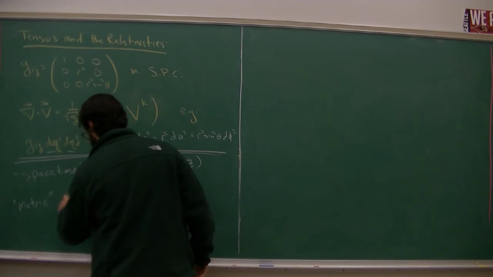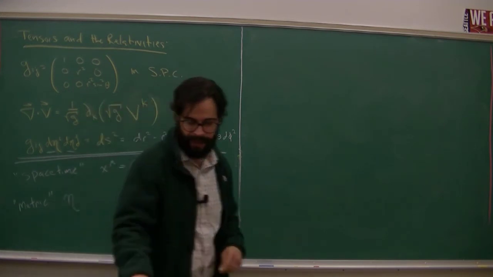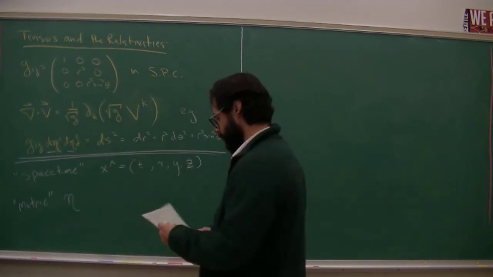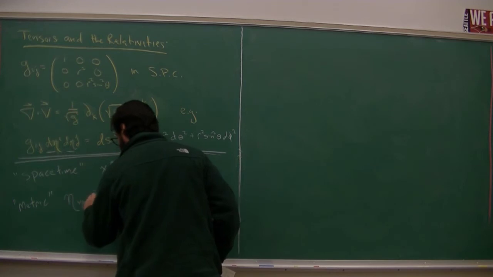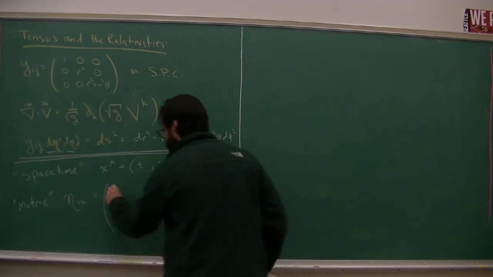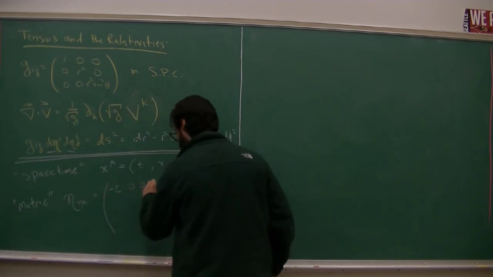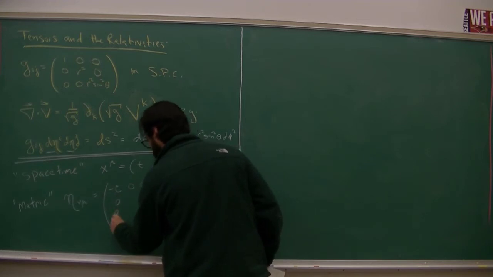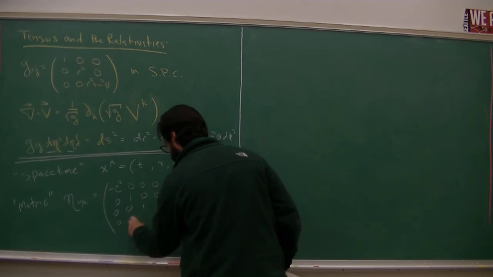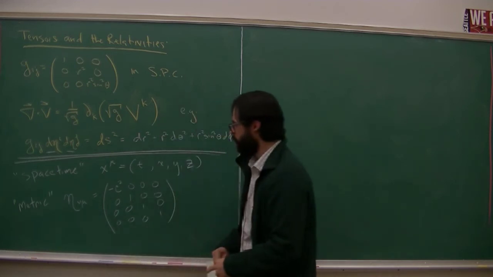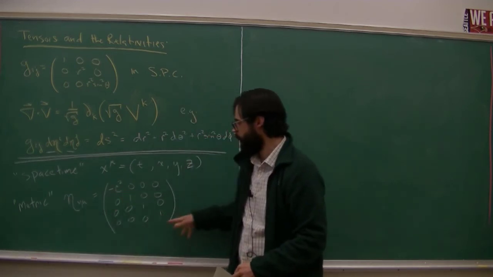And in special relativity, this has a traditional term: eta mu nu. There is some degree of variability among scientists as to whether you put the minus sign here or you put 3 minus signs there.